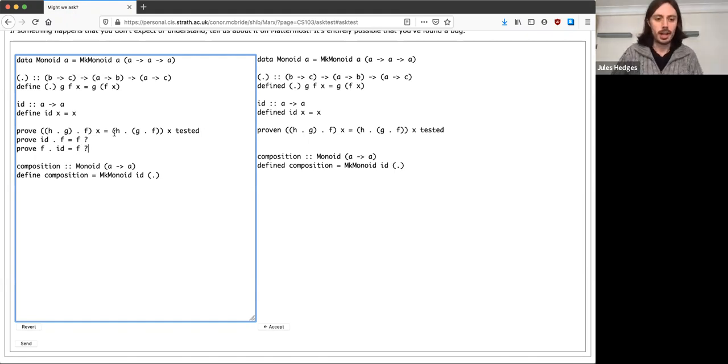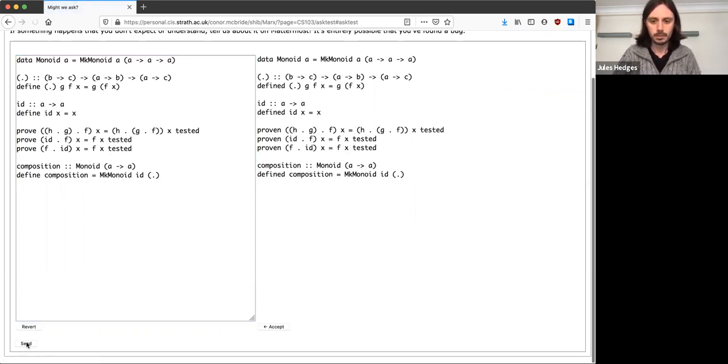So again, just like before, I can't actually currently prove these in Ask, but I can do the next best thing, which is to prove that if I call both sides with the same input, then I get equal outputs. And in fact, just as before, both of these go through in one line by tested. There we go.